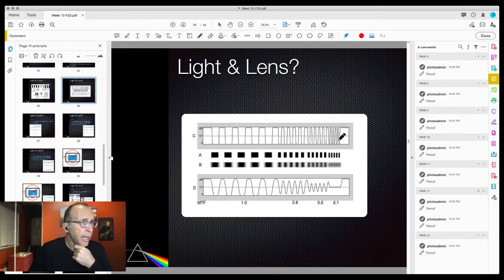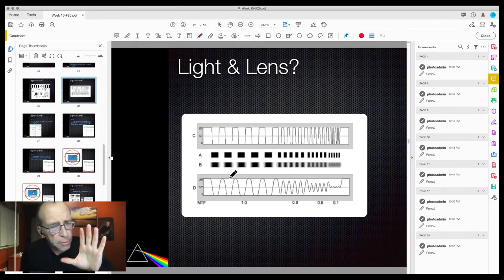The top is reality, and below is the image. You can see we're getting a pretty good representation of the contrast. So we have an MTF of 1, and then things just get worse and worse as our line pairs get smaller and we start to lose contrast. So that's just me trying to illustrate what's going on here.